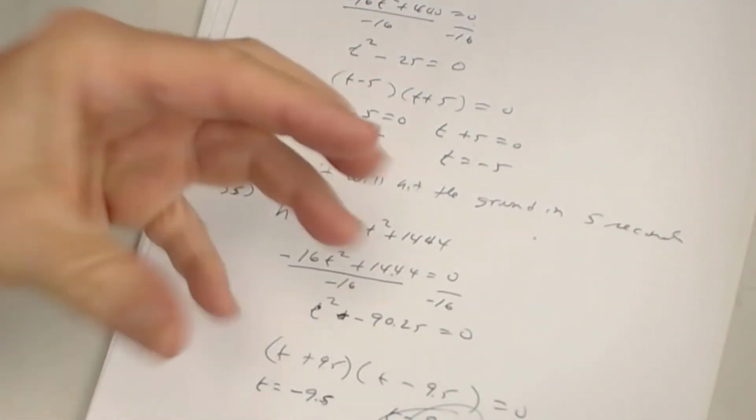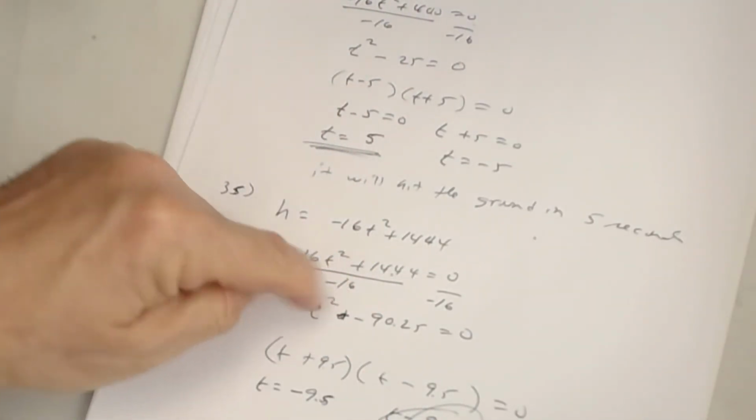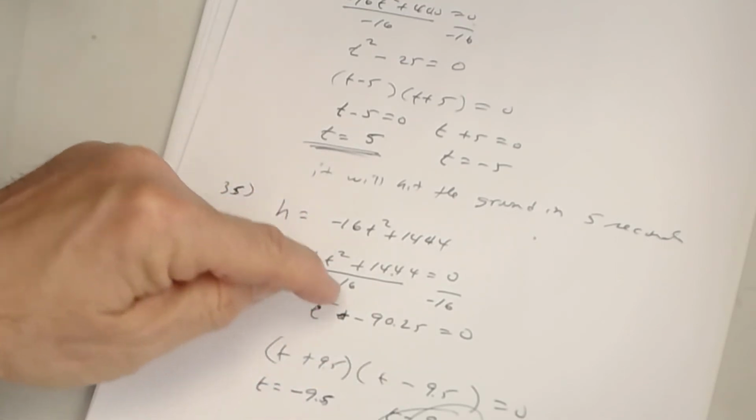So every one we've done so far has been a nice whole number. Now you have a decimal. But it's a difference of two squares. You just have to remember how to figure out what number times itself gives 90.25. You have to take the square root of 90.25, and you get 9.5.